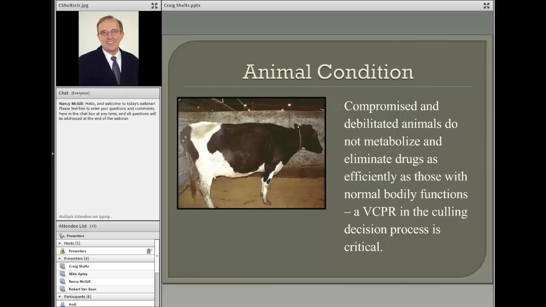If she had a mastitis problem or some other inflammatory problem in the last few weeks and she was treated with an antimicrobial or an anti-inflammatory, because of her compromised condition, she may not metabolize that drug as fast as she should or as adequately as she should, and there again you need the aid and assistance of your veterinarian in deciding what would be an appropriate pre-slaughter withhold under those circumstances.